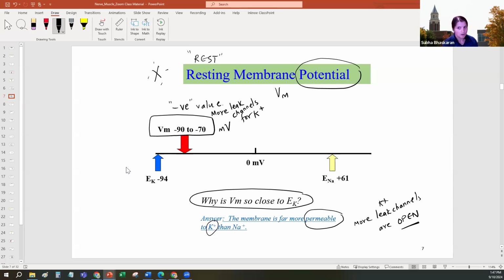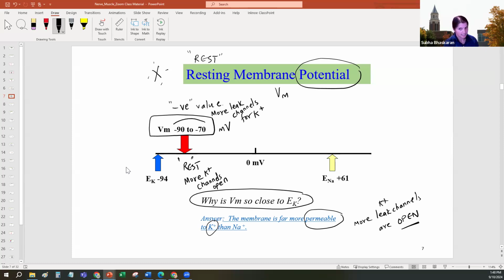Now, assume that this is the resting state, correct? If at the resting state there are even more potassium channels open, what do you think will happen to VM? Which direction will that proceed?